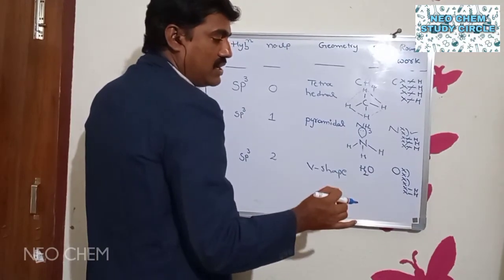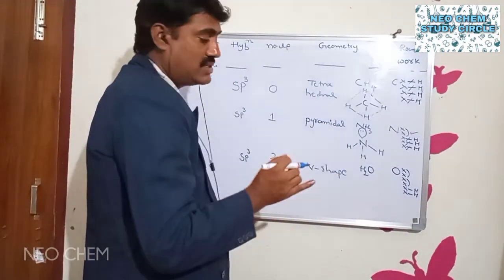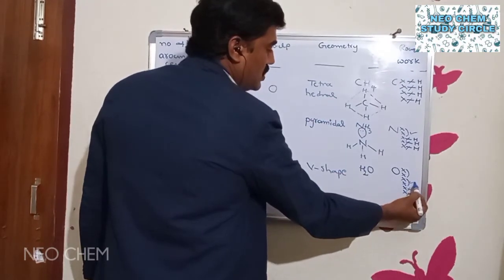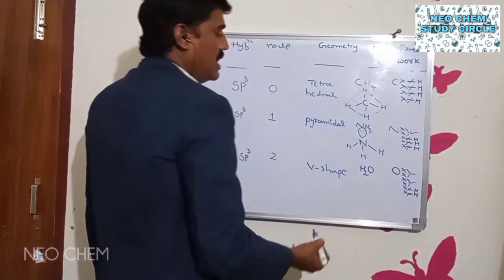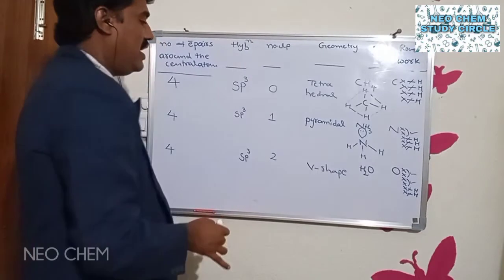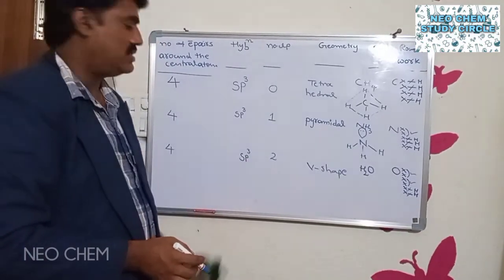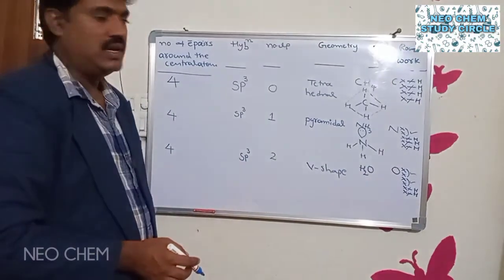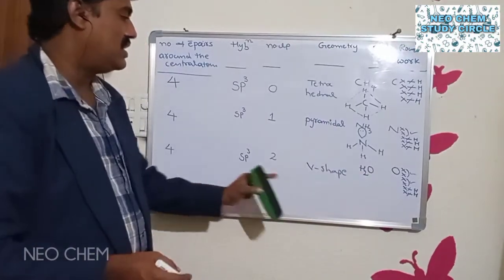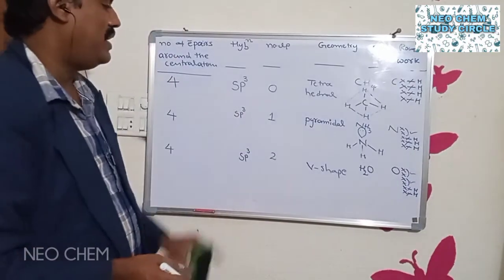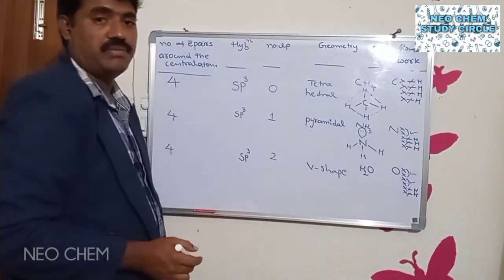Each lone pair of electrons should be considered as a sigma bond. So totally 1, 2, 3, 4. As 4 sigma bonds are there, we have to select the hybridization containing 4 orbitals, that is sp3. After sp3 hybridization, as there are 2 lone pairs over the oxygen, the geometry of water is V shape.